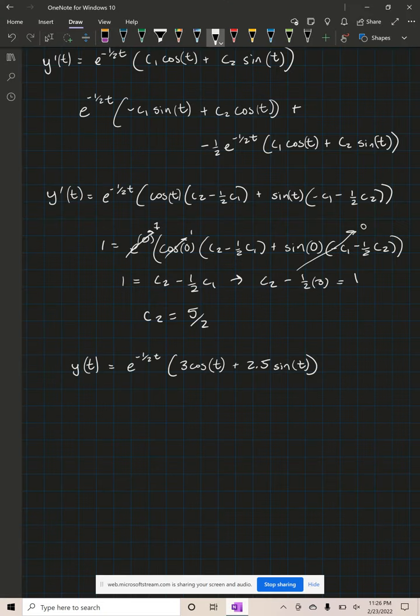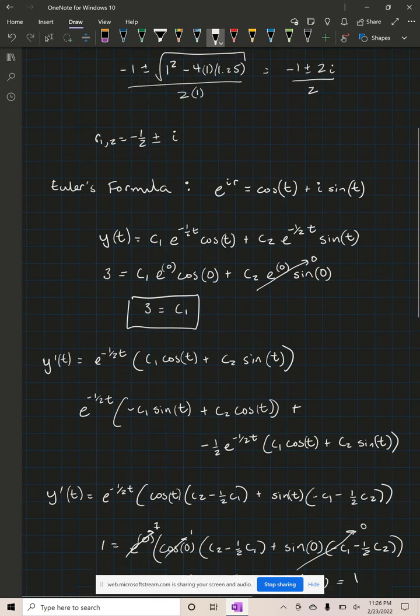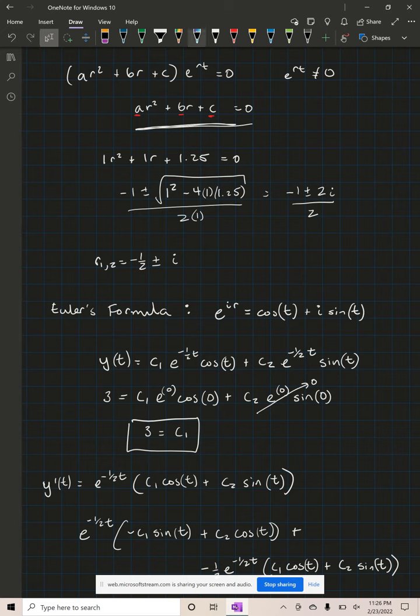All right. So going back to our problem here, one thing to note is that in our complex root, we had a negative real part. And so this determines whether you have growth, decay, or just constant oscillations.